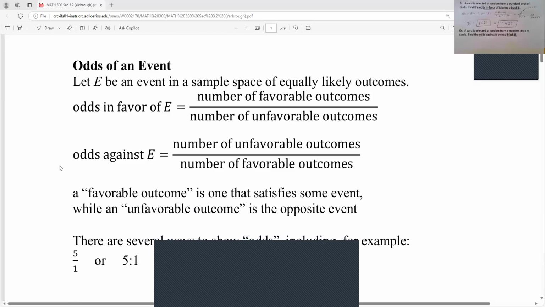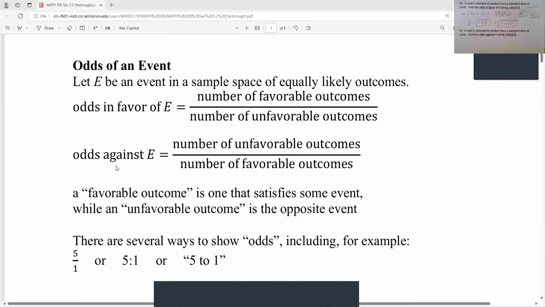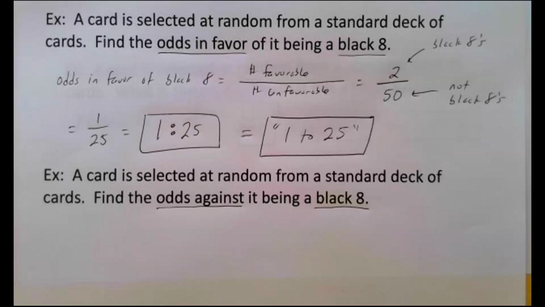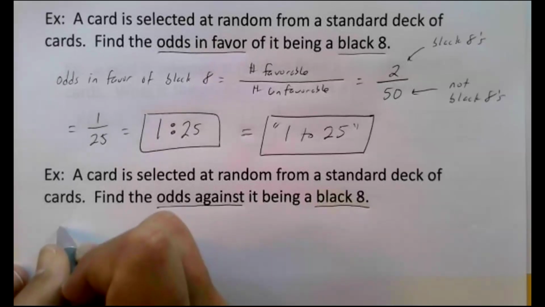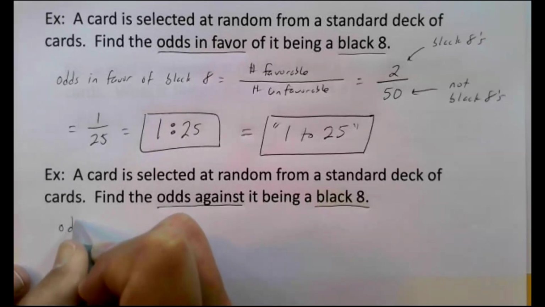If you look at the definitions here, odds against just flips it around and has unfavorable on top and favorable on the bottom. Flip your fraction. It's literally going to be the opposite order of my last answer. Odds against something happening, you do unfavorable over favorable.